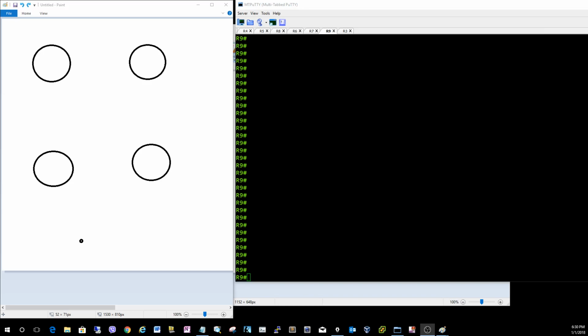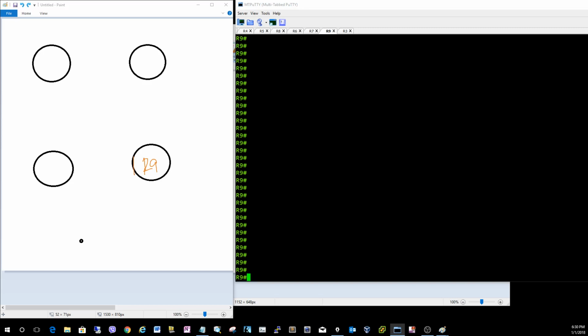So let's begin. As I was saying, in this scenario, you only have access to router 9. You logged in and you're now on router 9. The first thing you want to do is suss out what this network looks like.